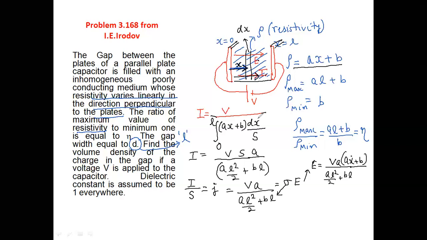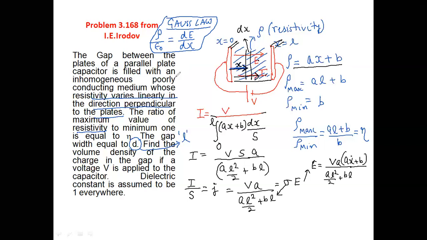Now to find the density of charge, we have to apply the differential form of Gauss law. What was the differential form of Gauss law? In case of a one-dimensional electric field, the density of charge divided by epsilon 0 should be the derivative of E relative to x. That is the differential form for a one-dimensional electric field present along the x-axis.